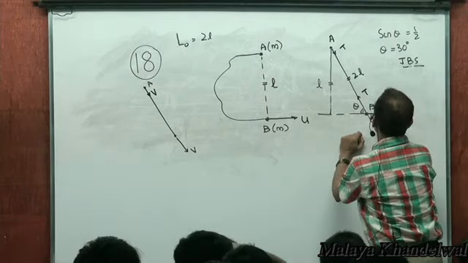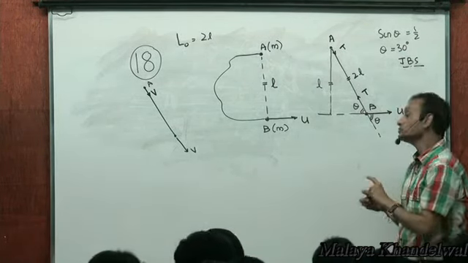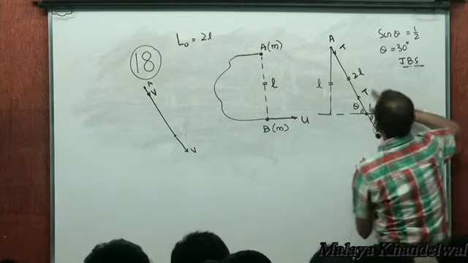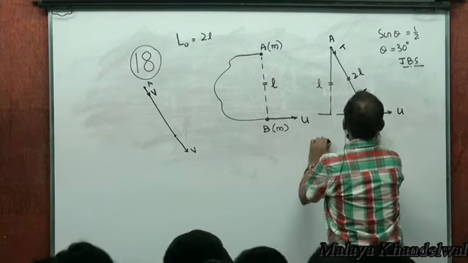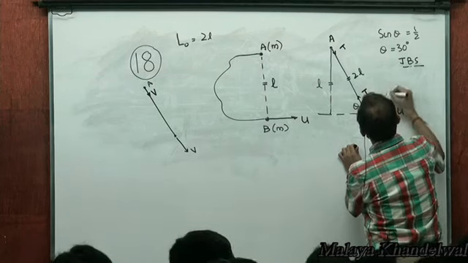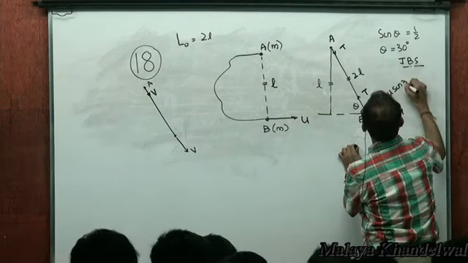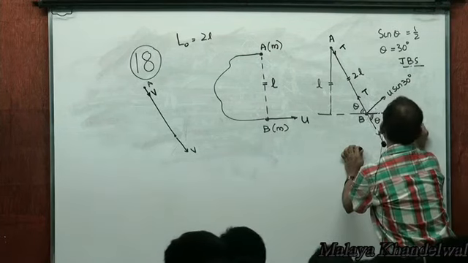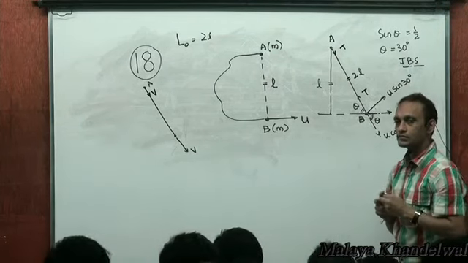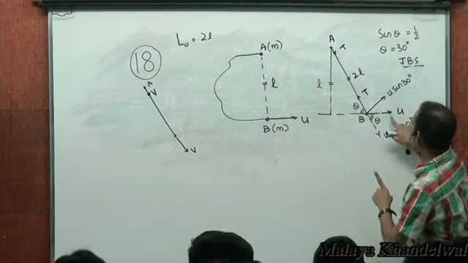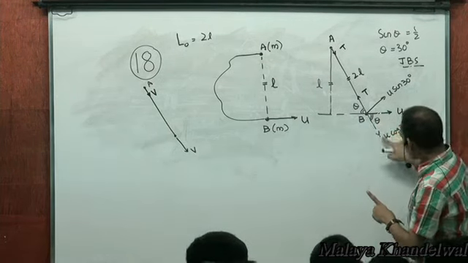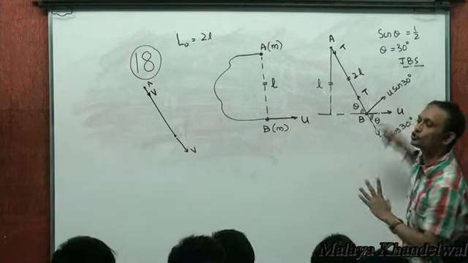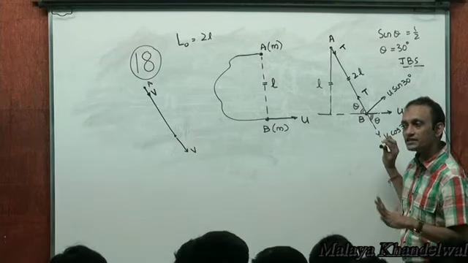So then look at this theta. This particle B has a velocity u sine 30 degrees like this, and u cos 30 degrees like this, just before it straightens. Just before it straightens, the velocity of B along the string and perpendicular to the string is u cos 30 degrees and u sine 30 degrees as shown, right?